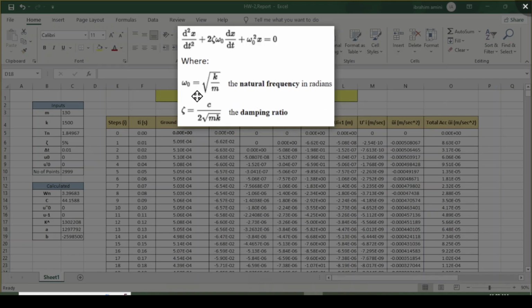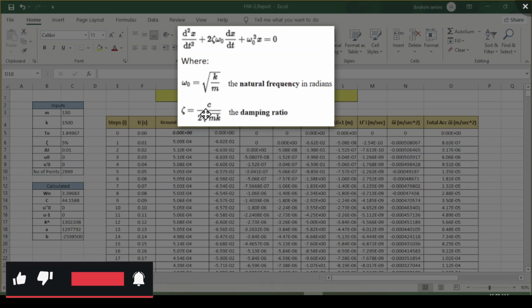Also from this formula, the damping ratio is equal to C, the damping constant, divided by 2 multiplied by the square root of mass times stiffness.